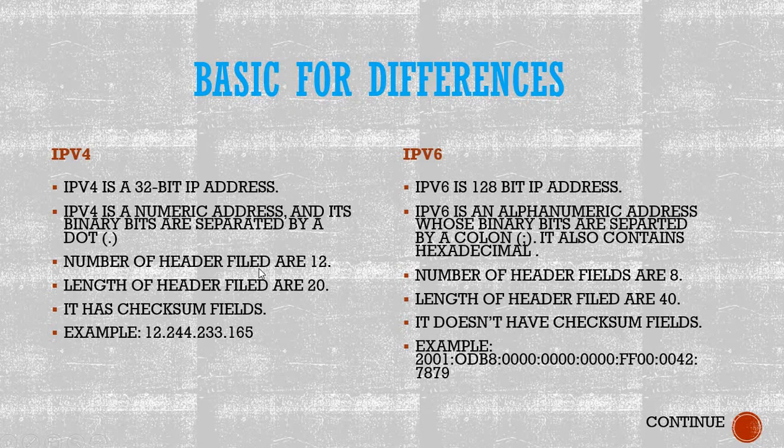The number of header fields are 12 and here 8. The length of the header is 20 and here it is 40. IPv4 has a checksum field and IPv6 doesn't have any checksum field.